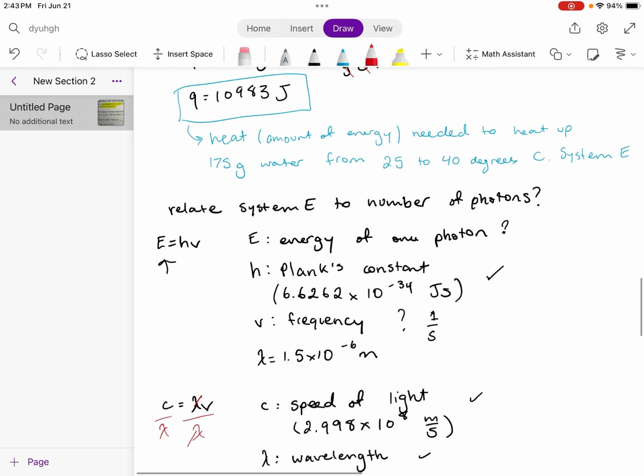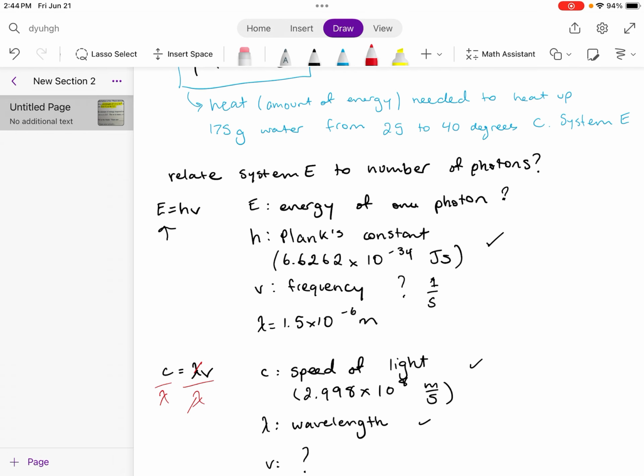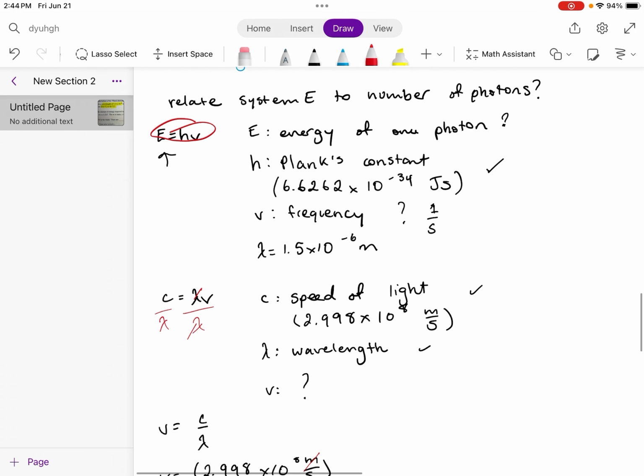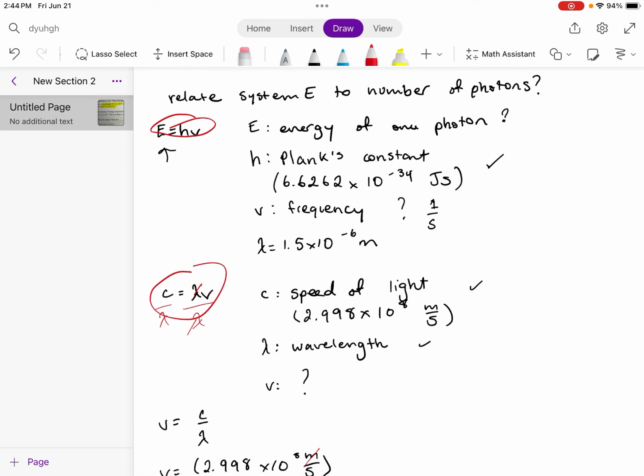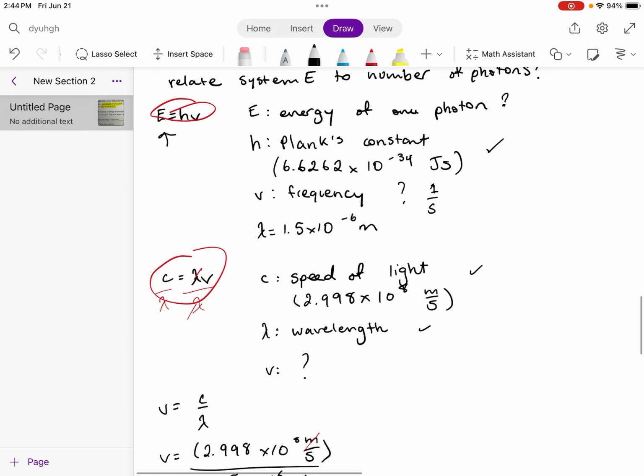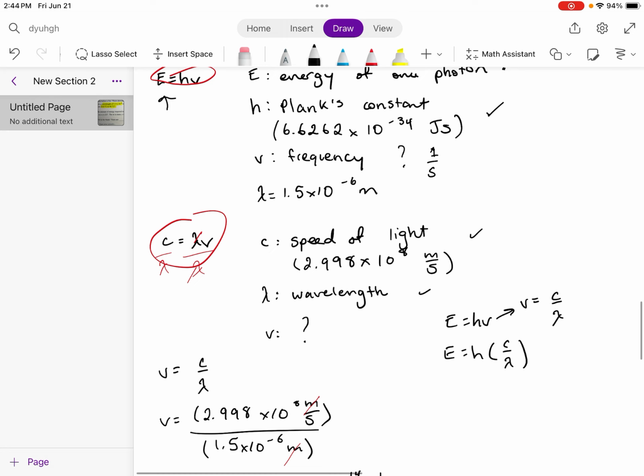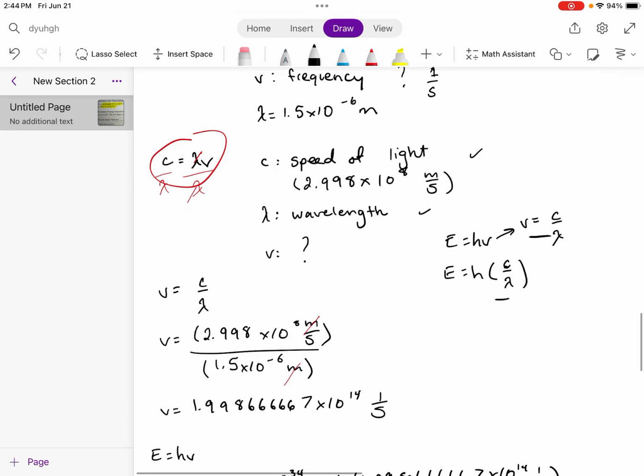And this is the energy of a photon, and this is just used to convert from each other. If you wanted to save yourself a step, E equals hv, and we know that v equals c over lambda, so you could just do this, right? Because the math doesn't lie. This is equivalent, so we can substitute it in. You could also do that. It would work out just fine.